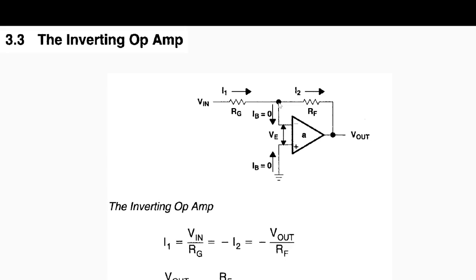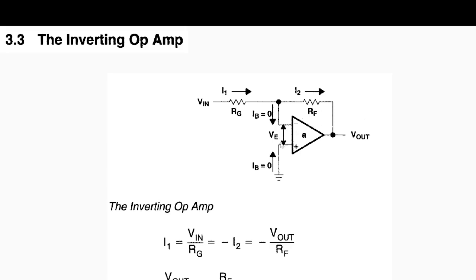Again, KCL. You see here, the current coming in is I1 from this side, and at this node it splits: IB going in here, and I2 going through RF, which, as I mentioned before, is called the feedback resistor.